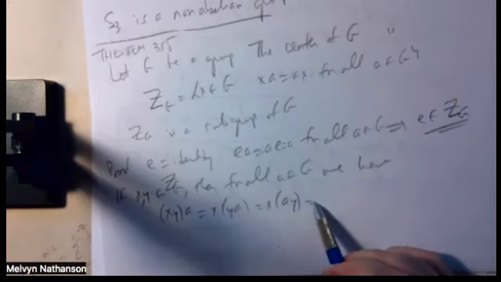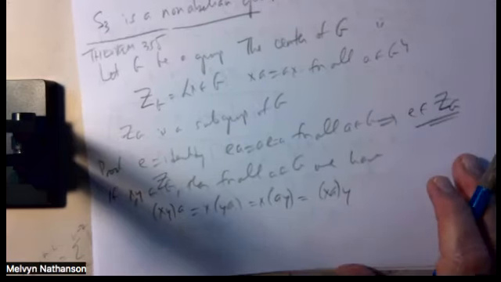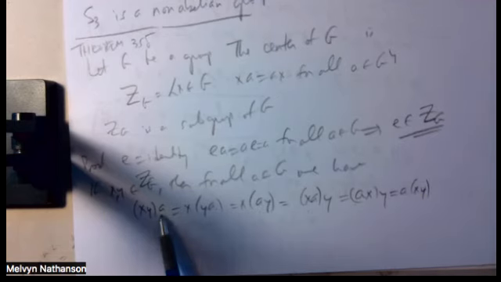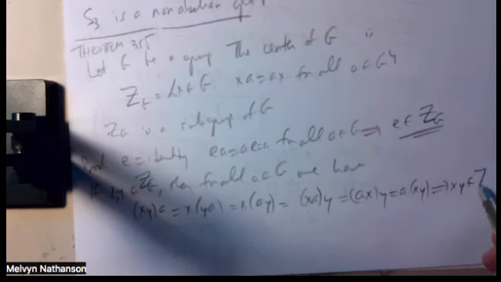And again, by associativity, x times ay is xa times y. And because x is in the center, xa is ax. And again, by associativity, ax times y is a times xy. So xy times a is a times xy for all a in the group. So x times y is in the center.